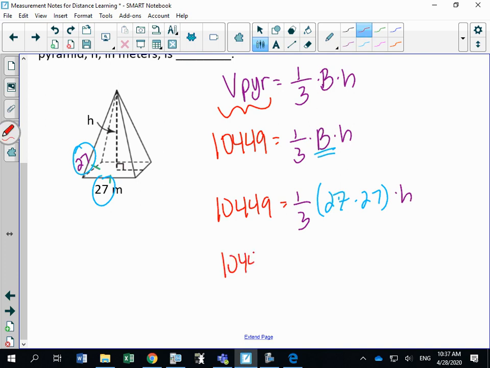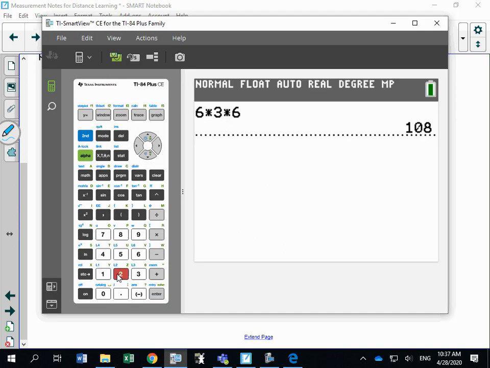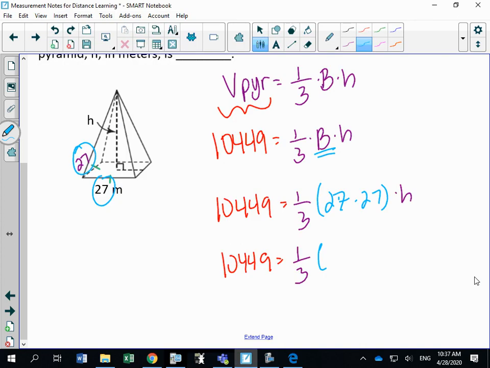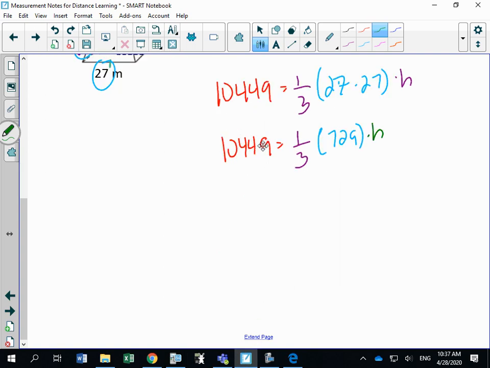So 10,449 is equal to 1/3. Let's figure out what 27 times 27 is, and we get 729 times the height. Let's continue on.